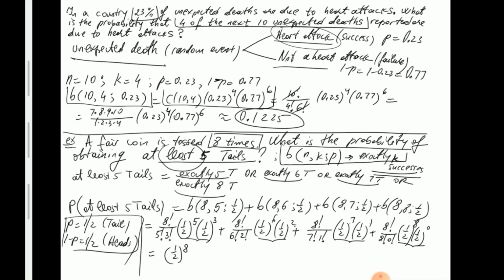Each of them is 1 over 2 to the power 8 if you combine the powers, and then just put the factorials together. It's not mandatory. I just want to point out that if the probabilities are 50-50 between the two outcomes, you could pull out 1 over 2 to the power n, or 8 in this case. So use the calculator and check to see if you get approximately 0.3633.